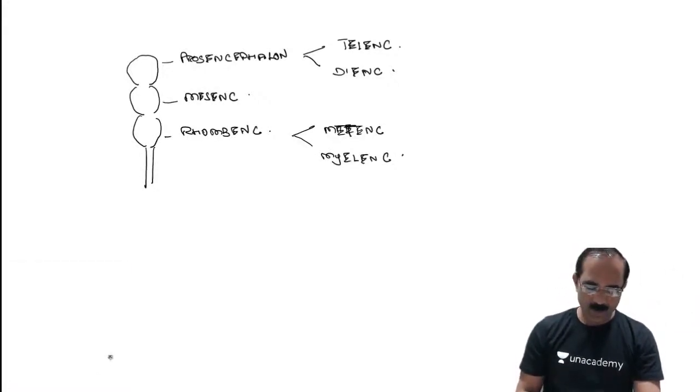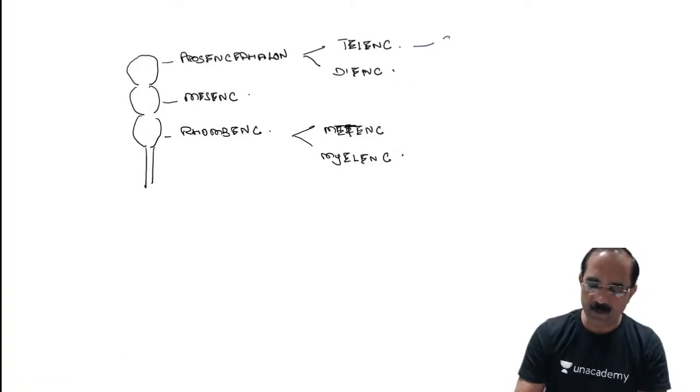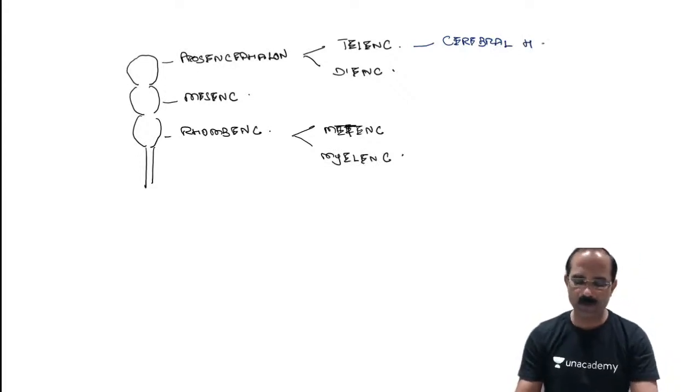Now tell me, what does the telencephalon form? Cerebral hemispheres. The telencephalon forms the cerebral hemispheres.